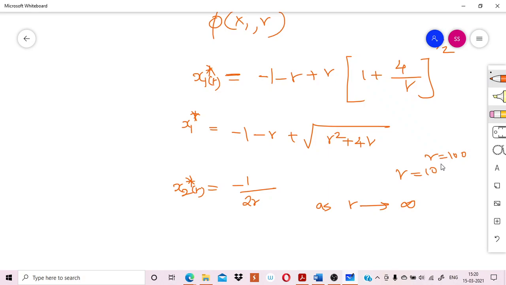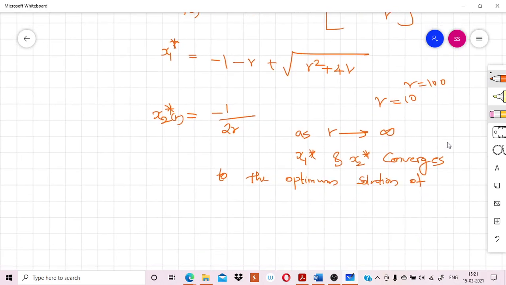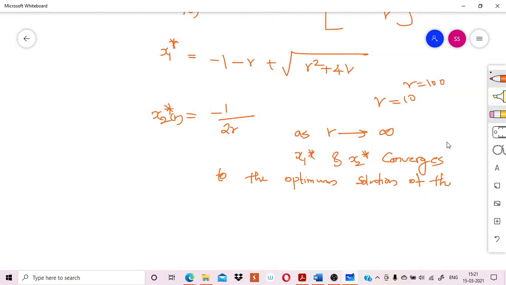We have taken an arbitrary value r in general. So the penalty function method says that as r tends to infinity, x1 star and x2 star converge to the optimum solution of the original problem.